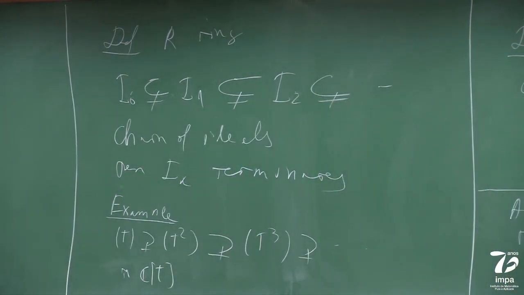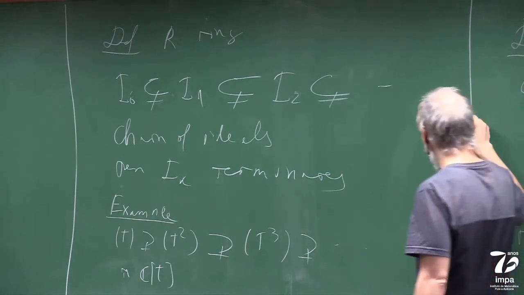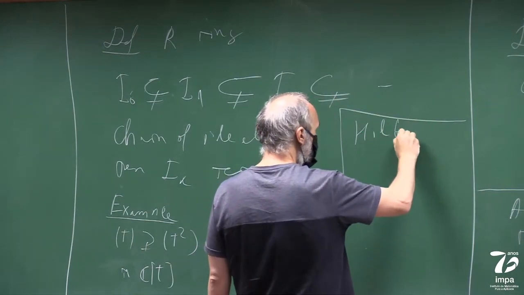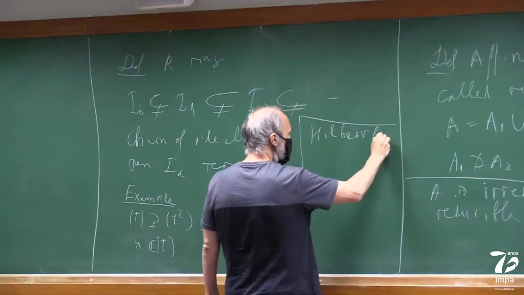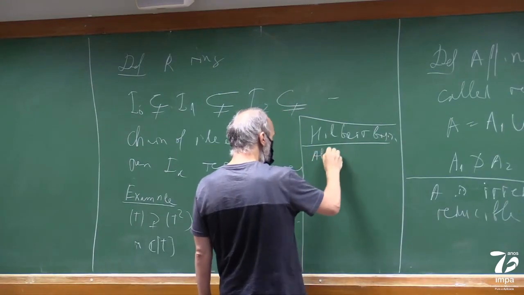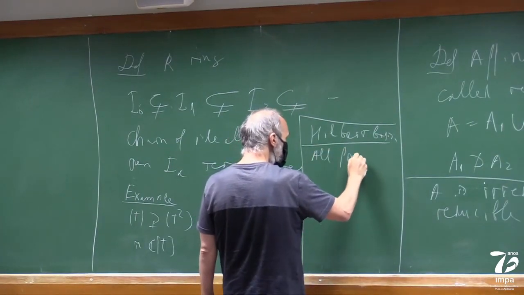So the Hilbert basis theorem claims precisely that finitely generated rings are Noetherian. I will prove it in the end.